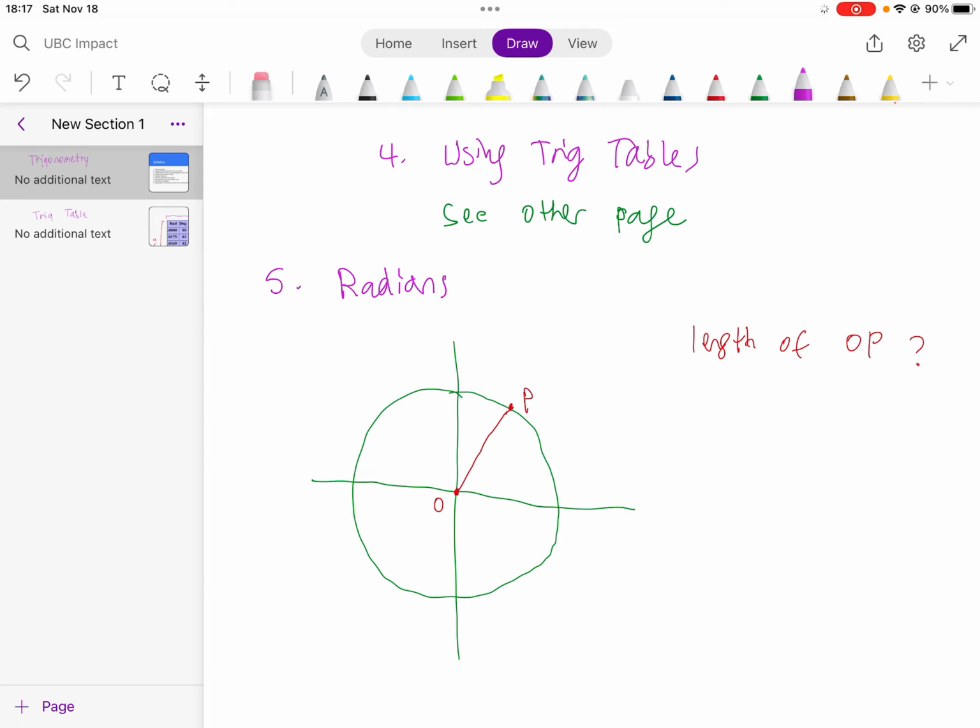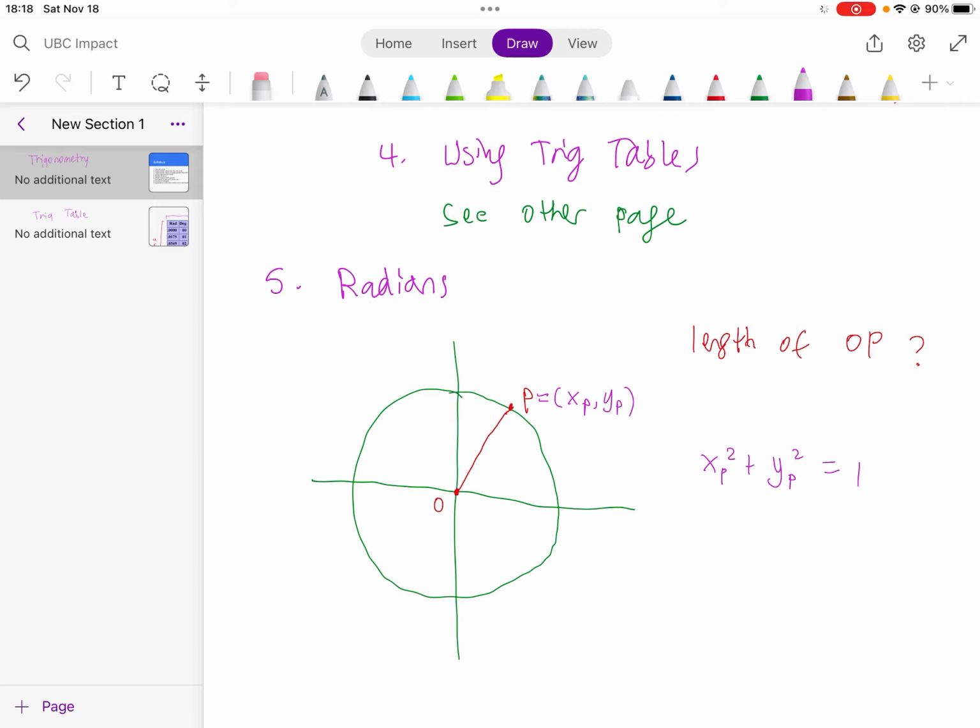Okay, let's see if we can figure it out. Well, P is equal to XP and YP, right? And since it's on the unit circle, XP squared plus YP squared has to equal 1. This is the rule of the unit circle because it's the equation that describes it.